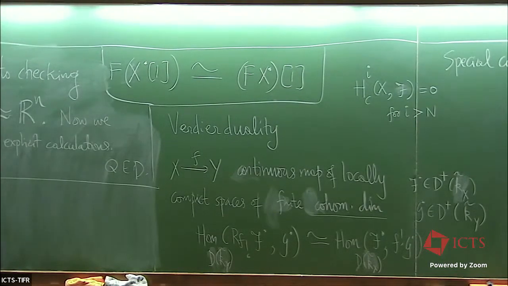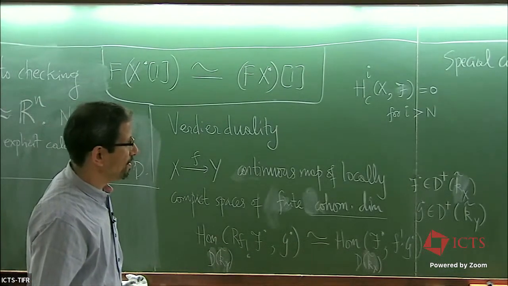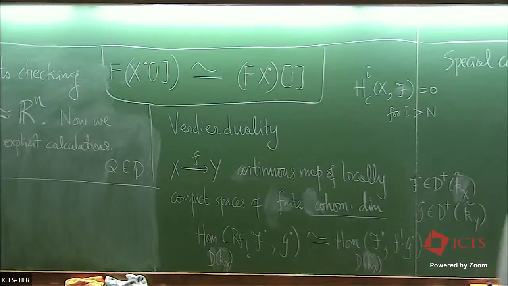So basically, what is the more explicit form in which I can say it? When it is Rn, I can see that R gamma C x of F dot is equal to K tilde.